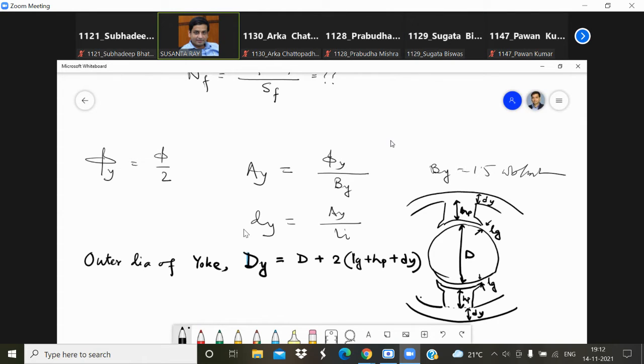And then the flux per pole that you are getting, have you divided it by 2? Yes, sir. And then what is the flux density you have taken? 1.5. Okay, so you cross check once again your calculation.